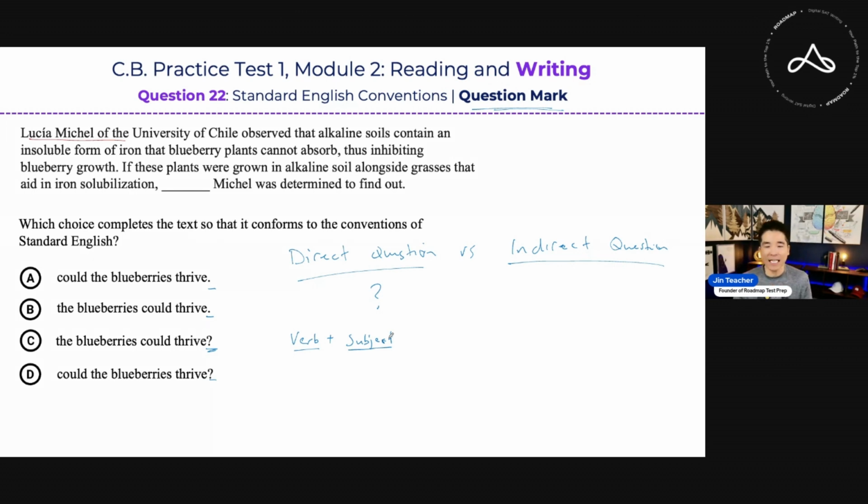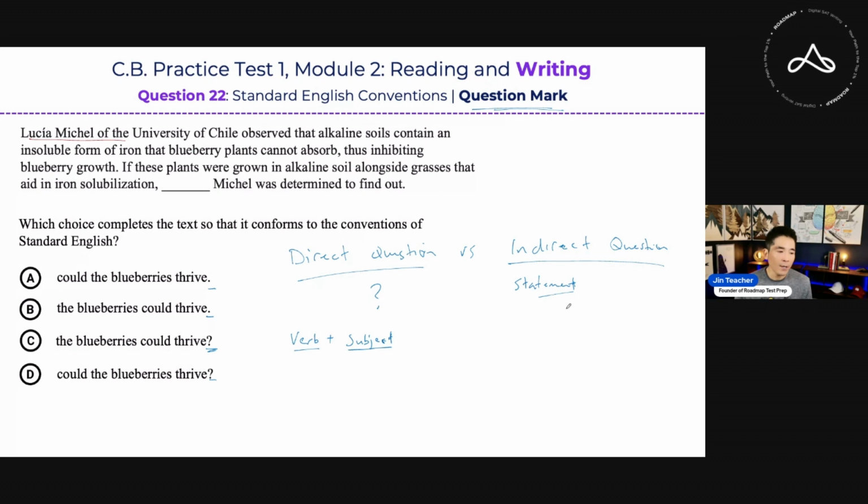For indirect questions, they just kind of naturally blend into the sentence. These are more statements, right? These are statements that have a question asked indirectly, okay? So, for example, if I say, I wondered what you had for dinner, right?